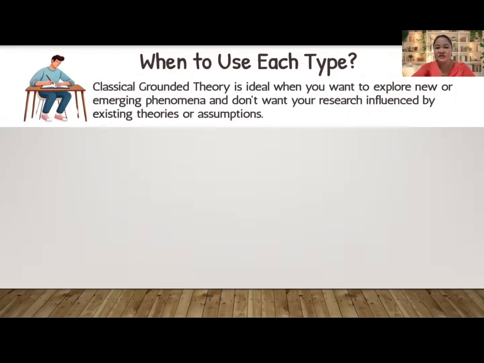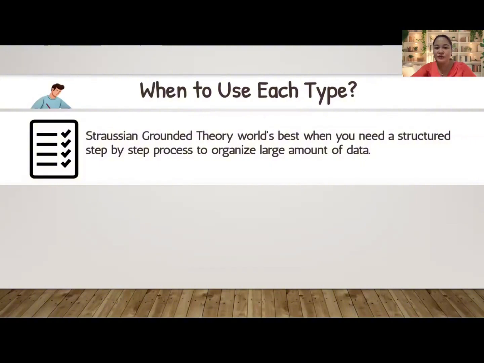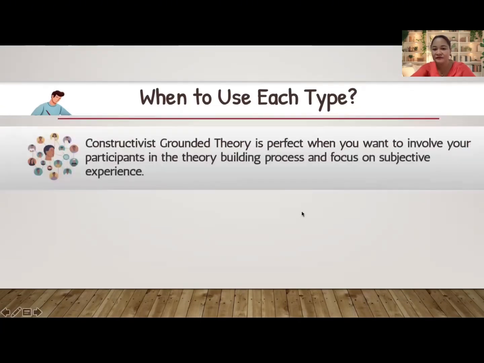So when to use each type. Classical grounded theory is ideal when you want to explain an emerging phenomenon and don't want your research influenced by existing theory or assumptions, and you're going to create your own new theory. Another, when to use Straussian grounded theory: this is best when you need a structured, step-by-step process to organize a large amount of data.